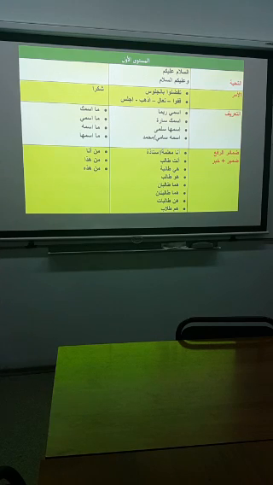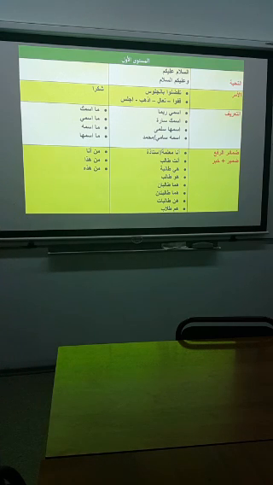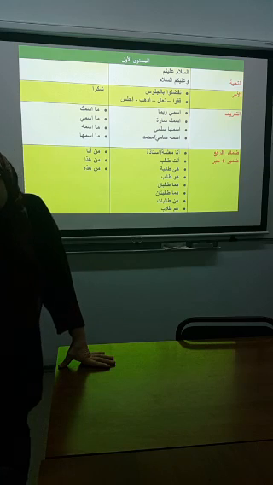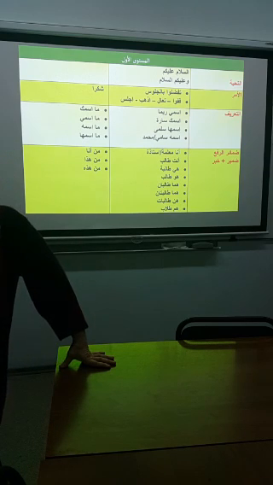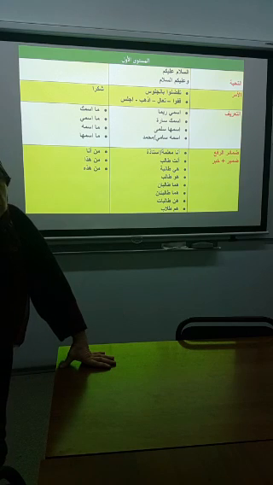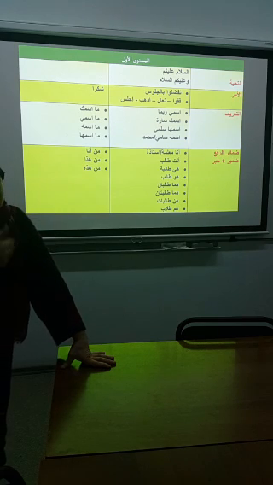And the words should be graded in difficulty level. We start with easy words, things that are in the children's environment: the fruits that they eat, their clothes, the animals, they love animals, the colors, the numbers, and means of transportation: car, bus, train, plane.